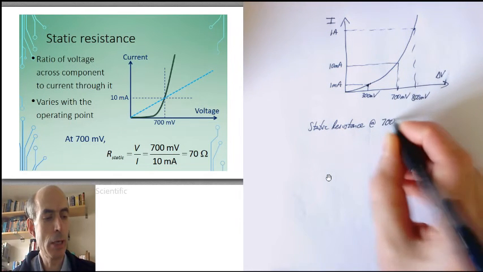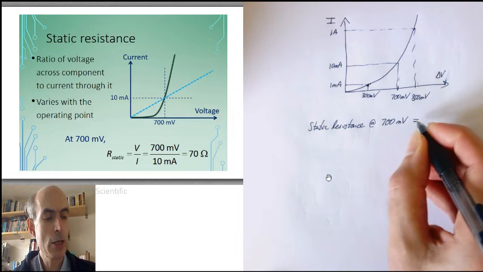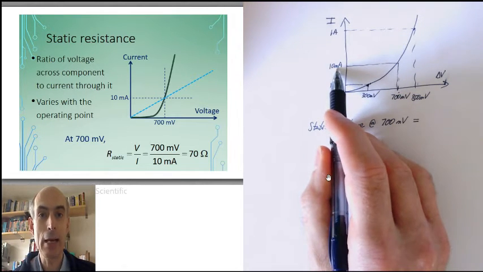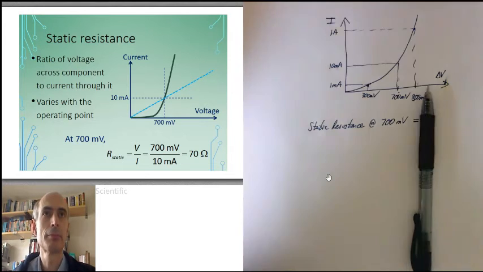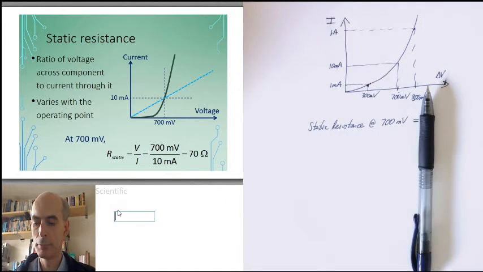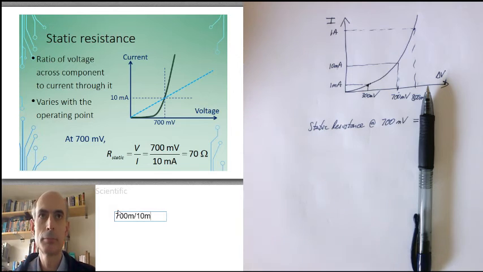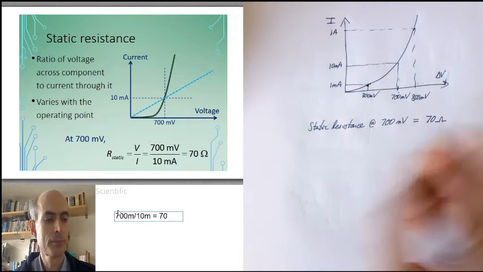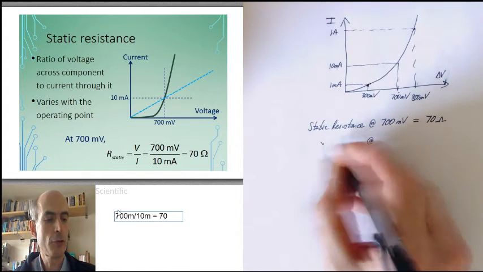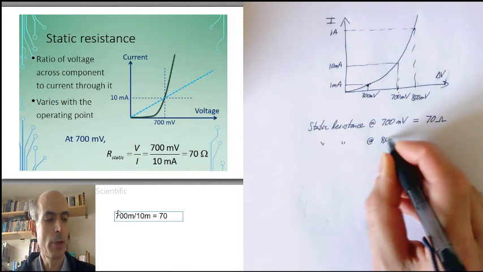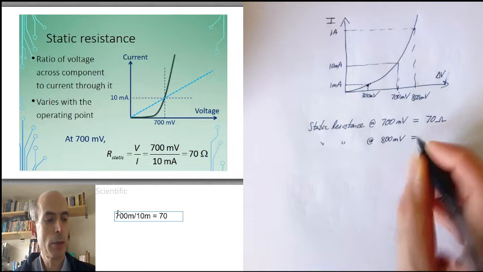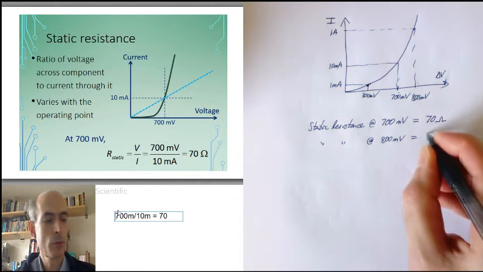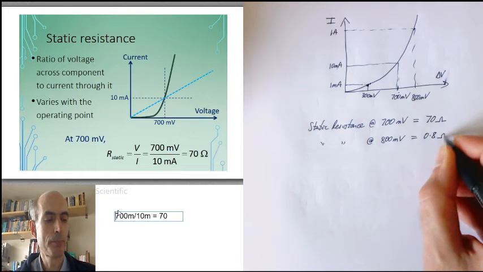at 700 millivolts would be equal to 700 millivolts divided by 10 milliamps, which is 70 ohms. The static resistance at 800 millivolts, however, would be 800 millivolts divided by 1 amp, which is 0.8 ohms.